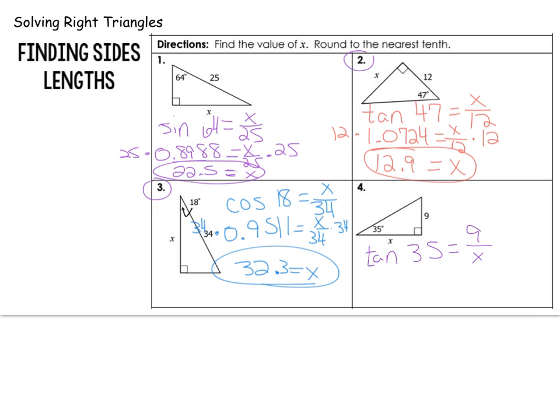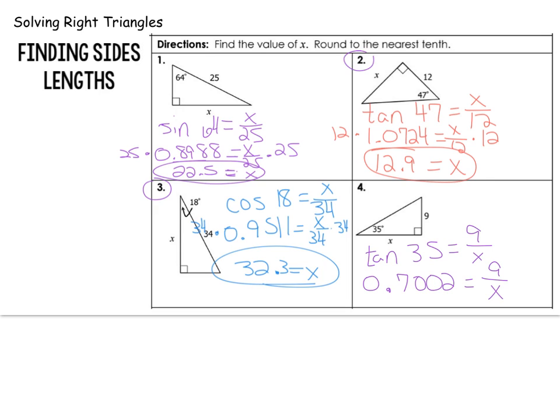Here, what's different about this is the variable is in the denominator. So let's find the tangent of 35. We get 0.7002, and that equals 9 over x, okay? A couple of ways to get there and get an approximate answer that is correct.